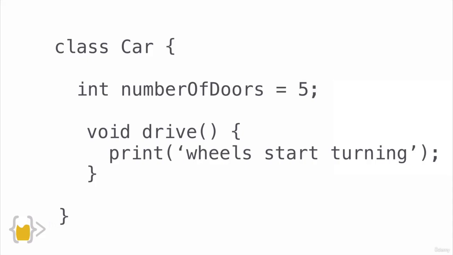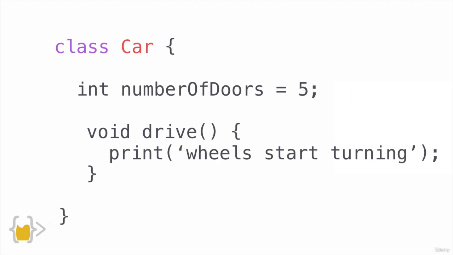So, for example, you might see a class defined like this. Firstly, you have that class keyword, which shows that everything else that's coming afterwards is going to be a blueprint. And then you have the name of the class. So in this case, we're building a car blueprint.